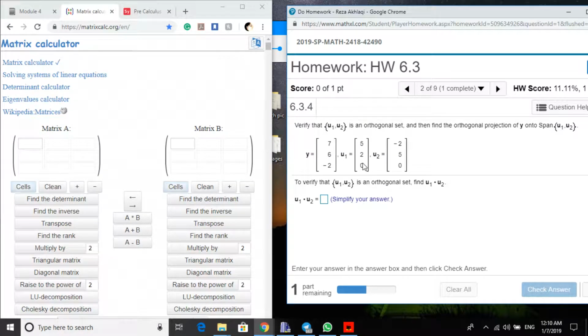So in this order, we have to take the transpose of u1. The transpose of u1 is going to be one row, 3 columns, because this is one column.